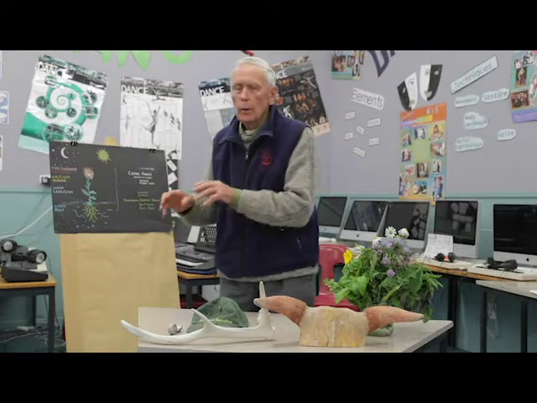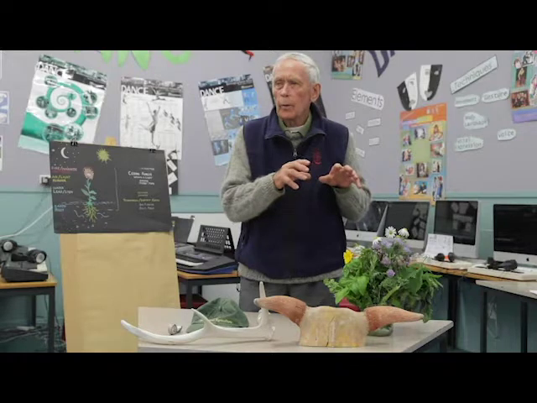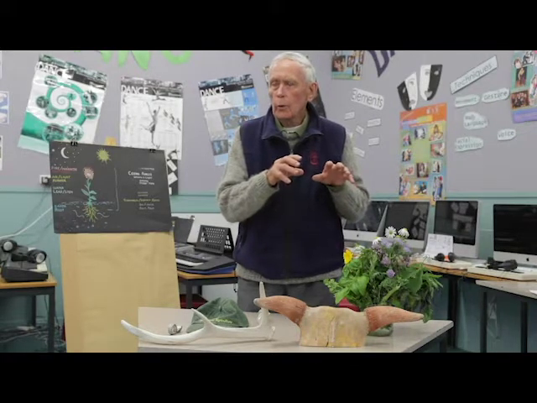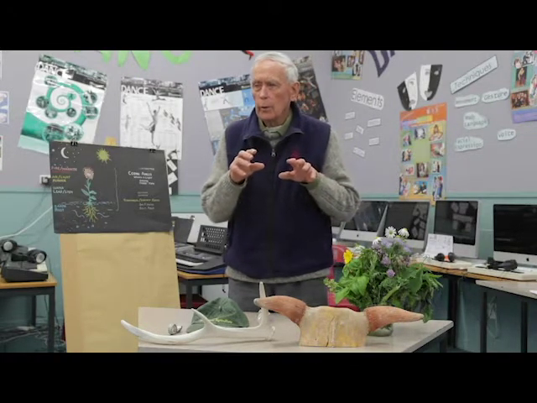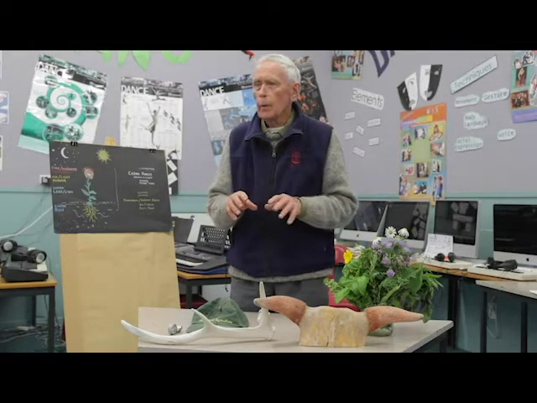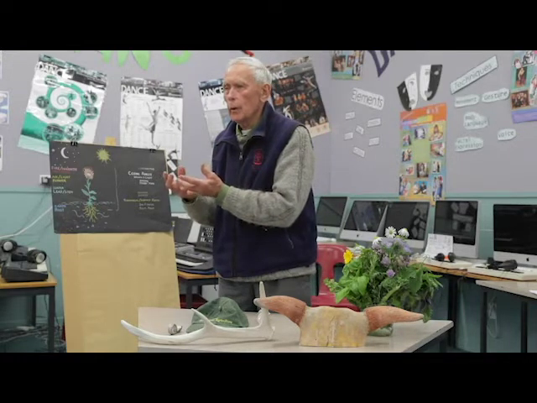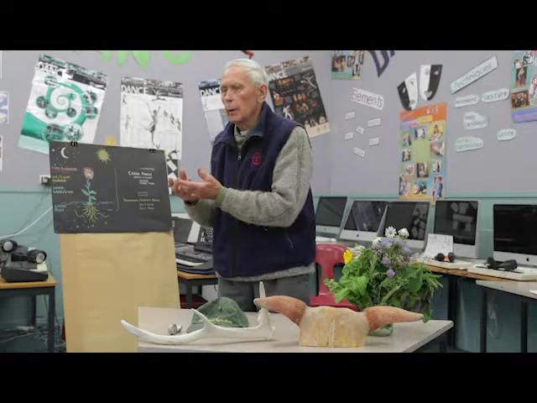The chemicals that we've put on the soil have nuked or killed or suppressed the activity of much of the soil biology, so that soil biology can no longer use that nitrogen as a food source because it's not there.